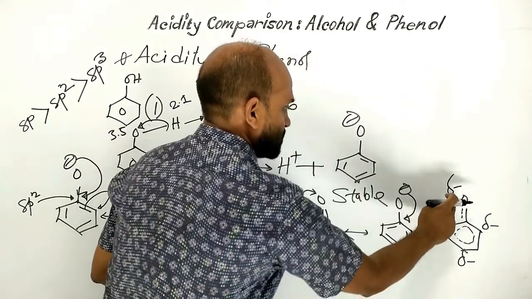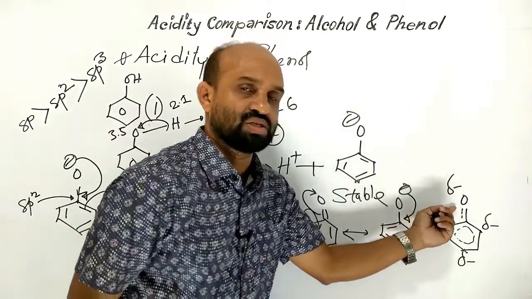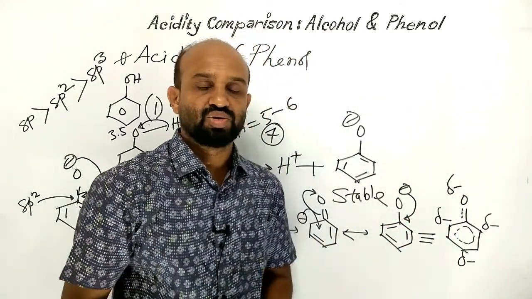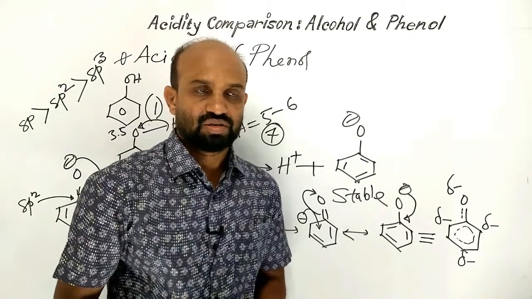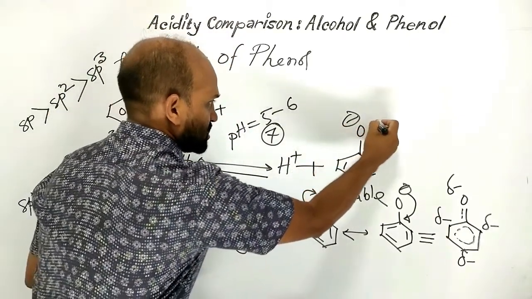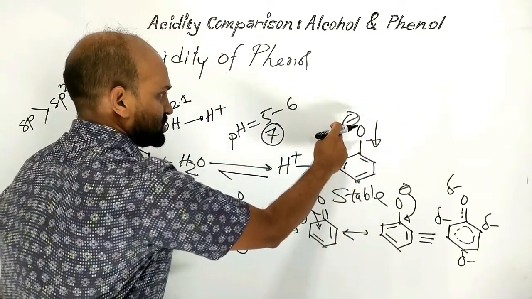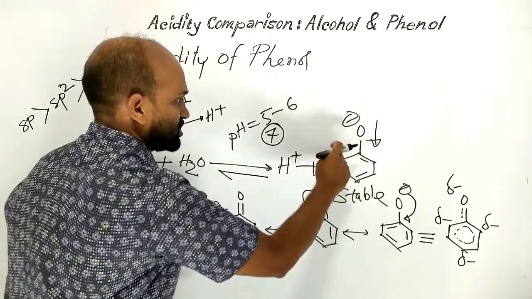So, in phenoxide ion, the charge over oxygen disperses throughout the molecule. As a result, the charge density over oxygen decreases because this charge disperses over the molecule.